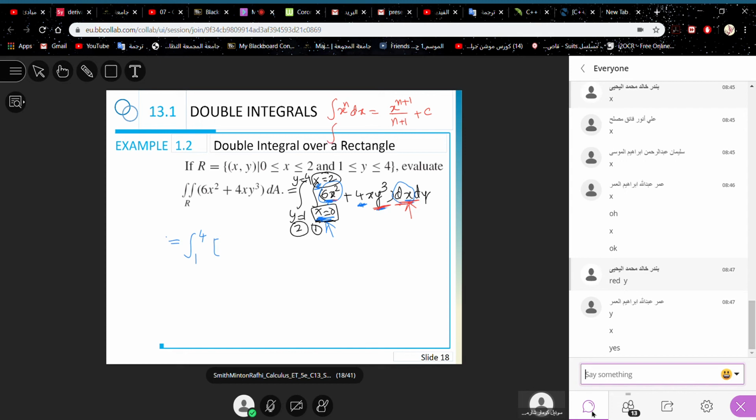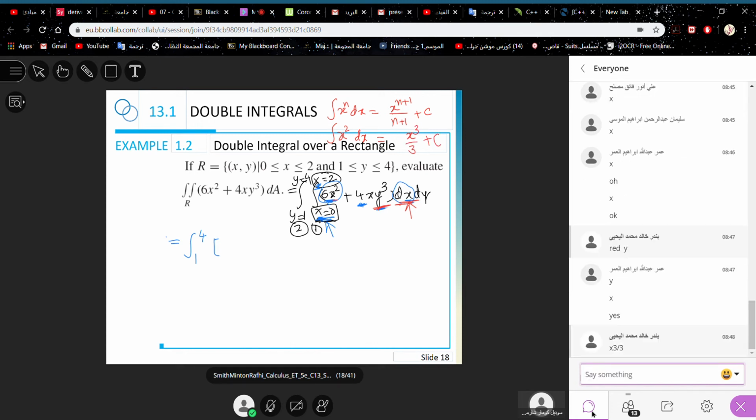Tell me the integration of x square, how much? This is x cube over 3, right?